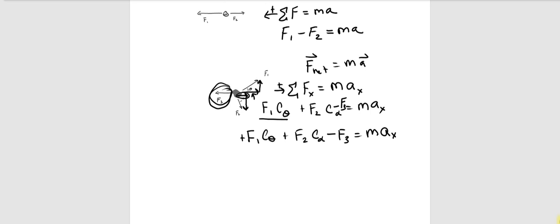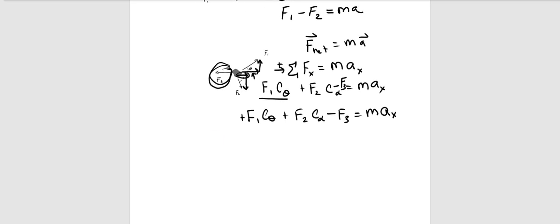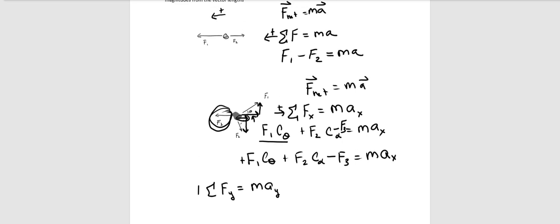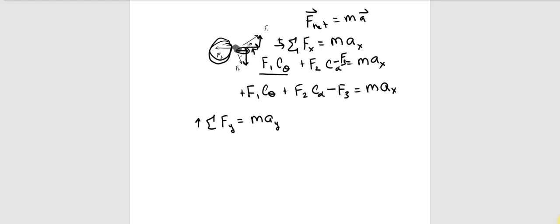Now we can write an equation in the y direction. If we add up force components in the y direction, that has to equal mass times acceleration in the y direction. And I'm going to call up positive for this. So looking at this picture, this force vector, which is opposite theta, is in the y direction. So we're going to have F1 sine theta.